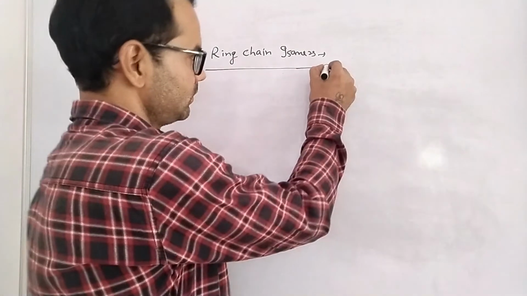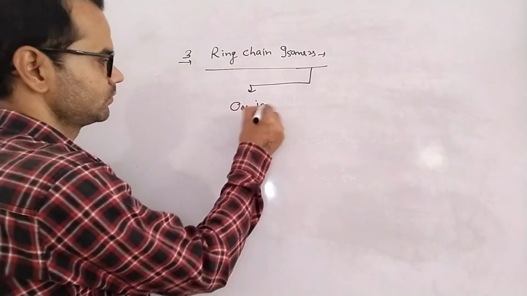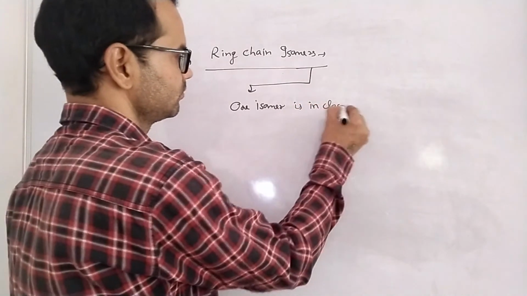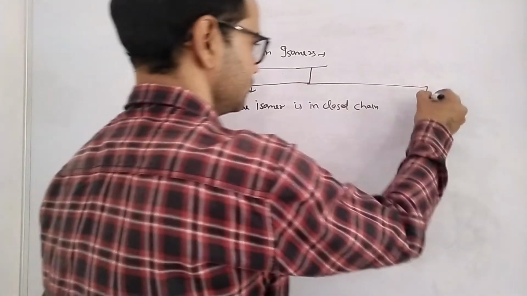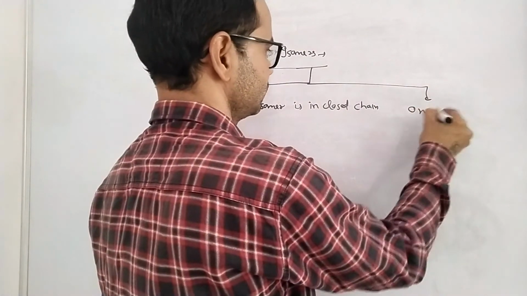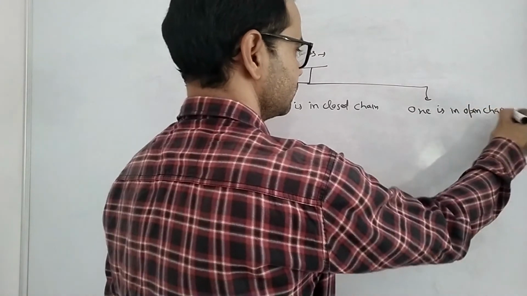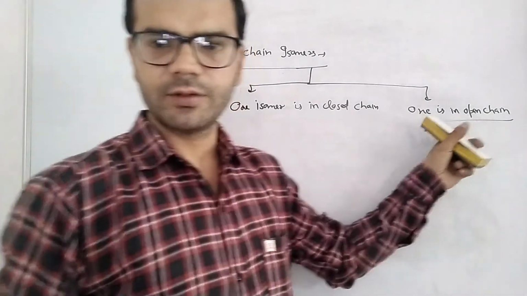So one isomer is in closed chain, one is in open chain.